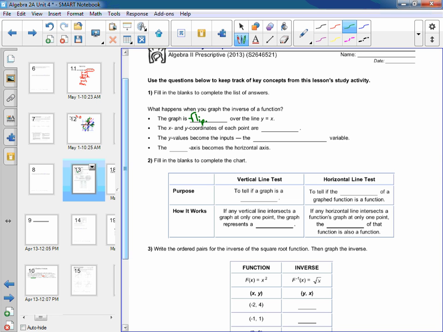We're going to say flipped. The graph is flipped over the y equals x line. The x and y coordinates of each point are, remember I showed you, we can say reversed. The point 0, 5 became 5, 0 and the point 1, 6 became 6, 1. The y values become the inputs now, or the input is the independent variable.